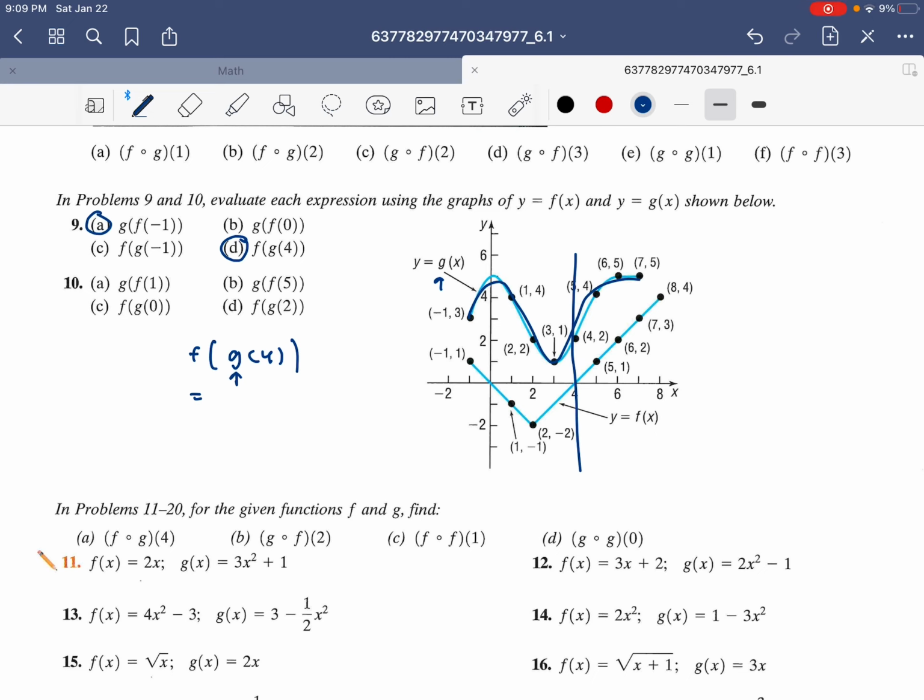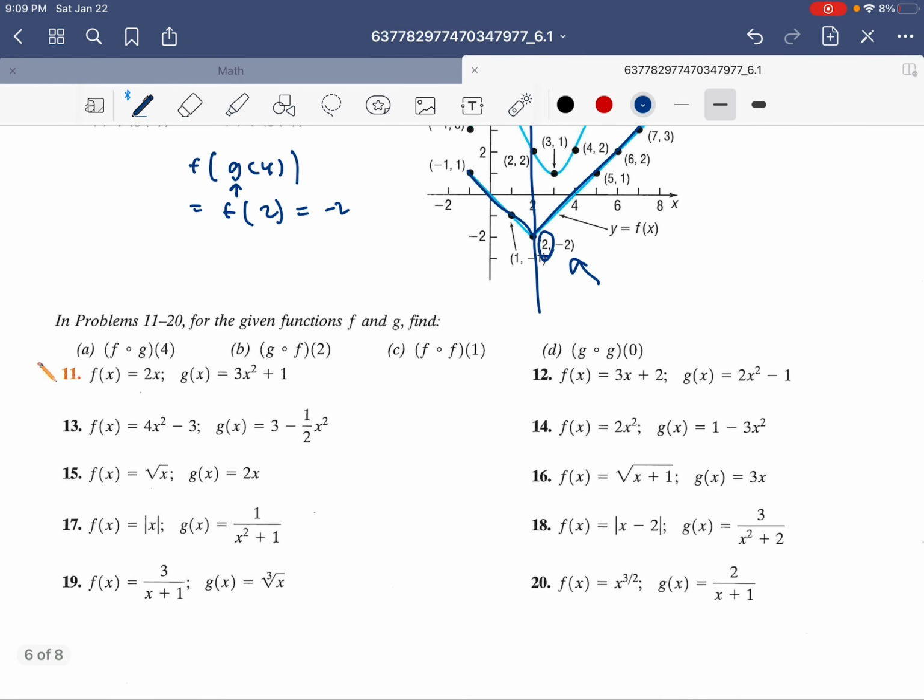When x is 4, y is 2. So f(2). Now we're going to look at this graph. When x is 2, y is negative 2. So that's your answer. Okay.